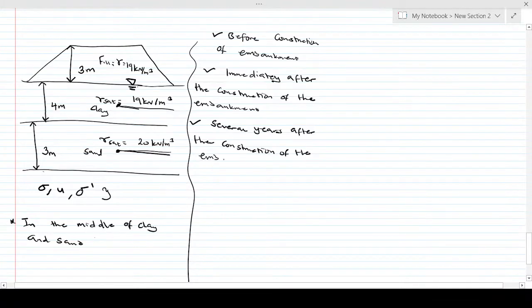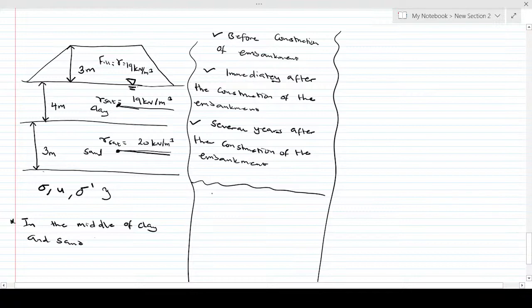Take note of this question very well. So these are the three conditions. We are going to consider these three conditions in finding the total stress, the pore water pressure, and the effective stress in the middle of the clay as well as in the middle of the sand. So let's start with the middle of the clay.